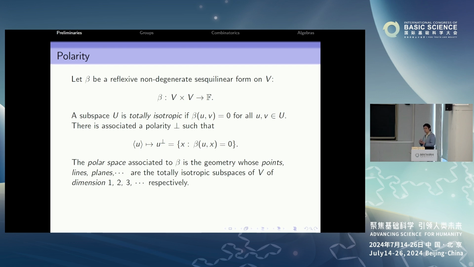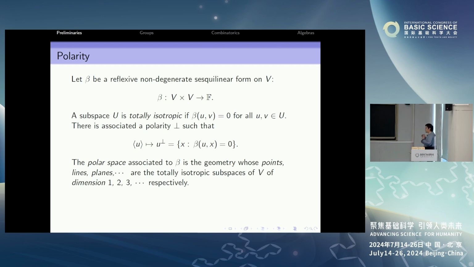When we talk about geometry, we need to have objects of different types. So a point is a one-dimensional totally isotropic subspace, the lines are 2-dimensional totally isotropic vector spaces, and the planes are 3-dimensional totally singular subspaces. So their type is their dimension.